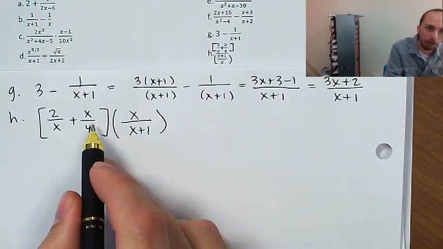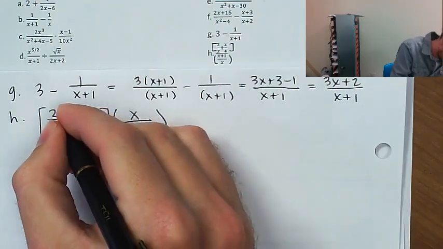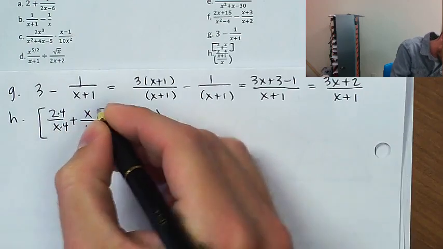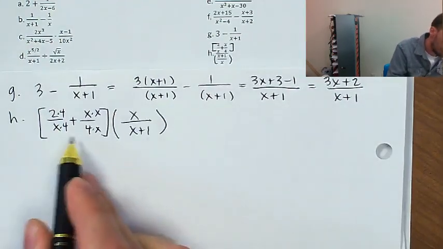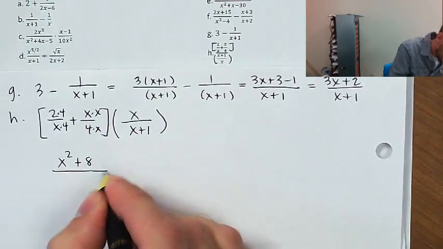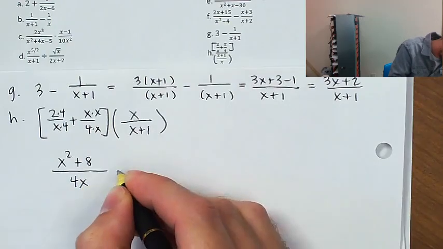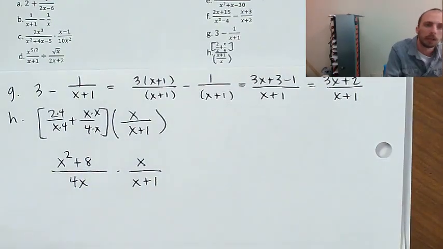So I need to get this to have a common denominator. I would need to multiply by 4 over 4 here, and then multiply by x over x here. So I'd have x squared plus 2 times 4 divided by 4x multiplied by x over x plus 1.